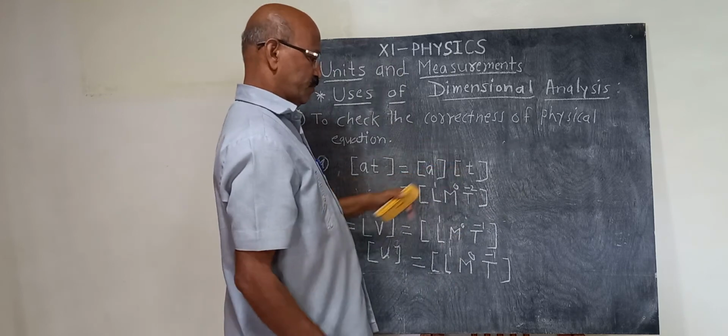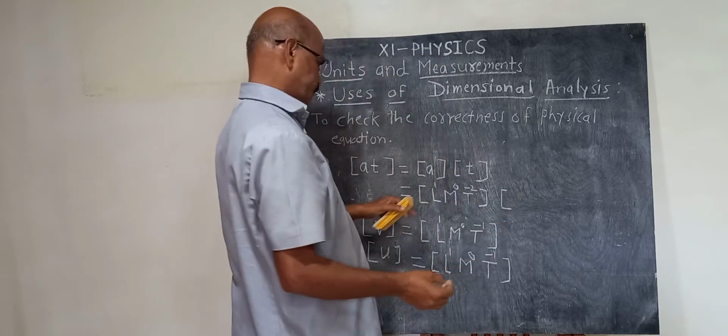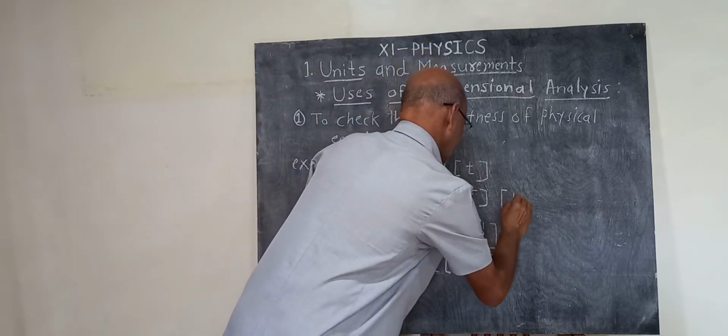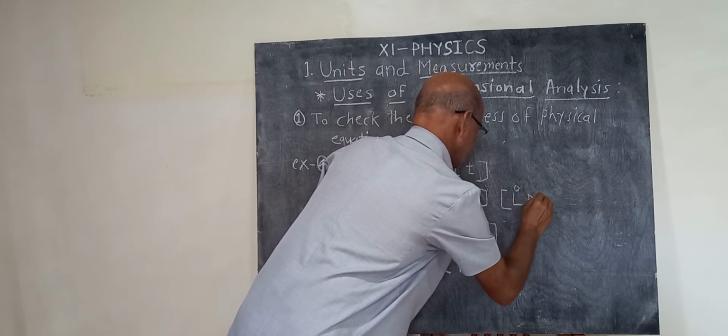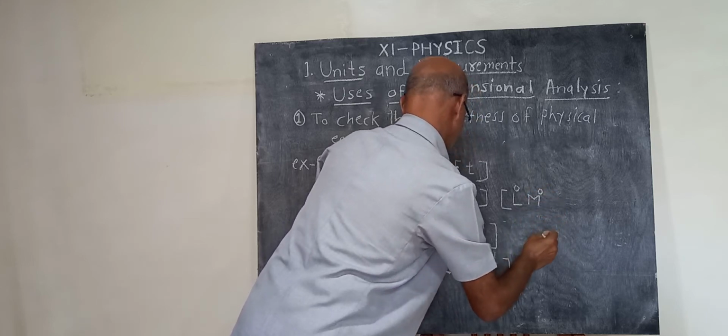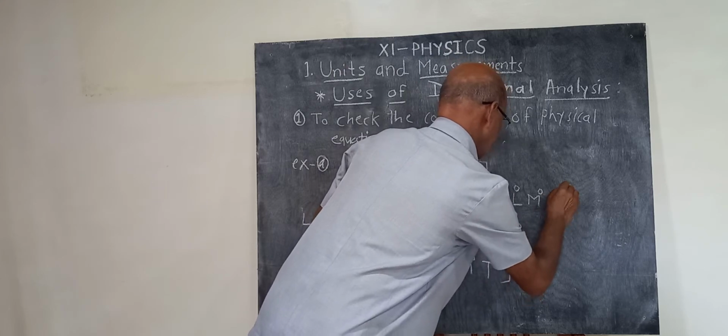Then the dimensions of time are 0 in length, 0 in mass, and 1 in time.